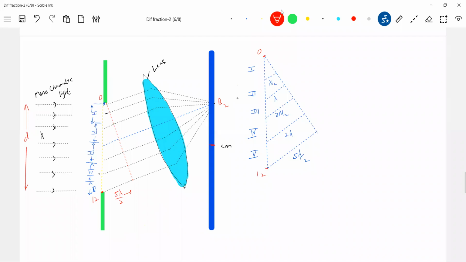Now, what is the path difference of the rays arriving at B2 due to part 1 and part 2? It will be lambda by 2. Due to part 3 and part 4, it will be lambda by 2. So only 1/5 of the slit will contribute light at B2 here.